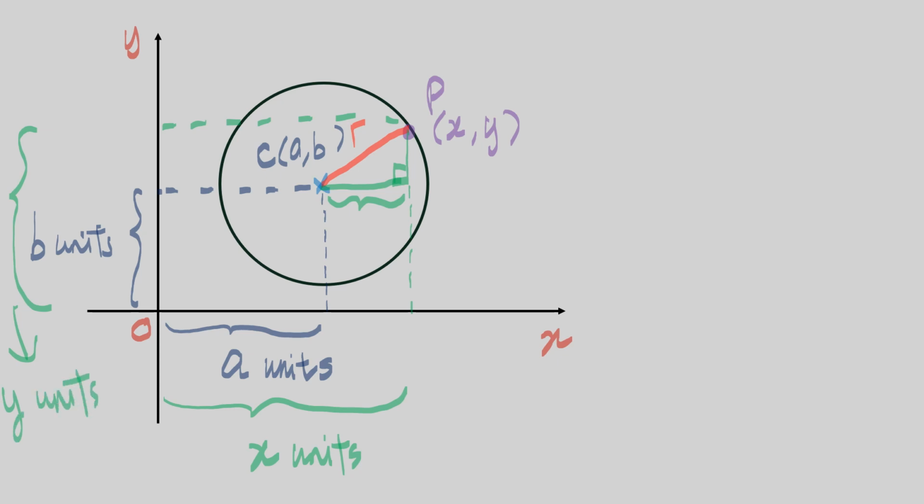What we're going to do next is to find this distance here. This distance will be x minus a units, and this distance here will be y minus b units.